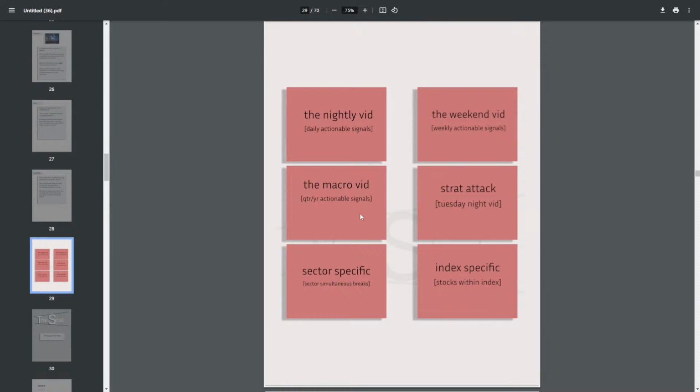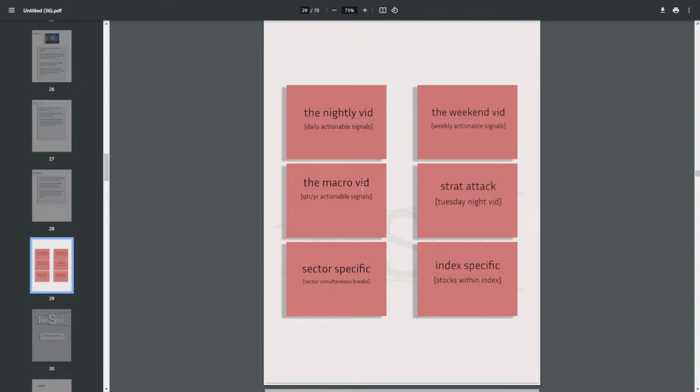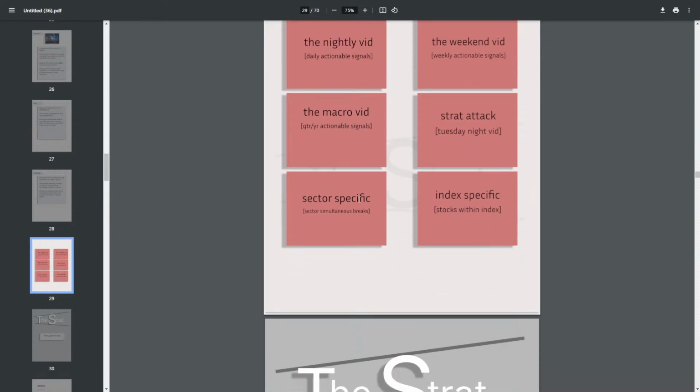That's also another universe. And then Strat Attack is another one where on Tuesday nights, we'll get into it, we're looking at signals that are following through Monday and Tuesday, which we have a few examples of this week. And then sector specific. So if you're someone who wants to trade the technology sector, which is the XLK, or you can also do the semiconductors and the QQQs, you can do just that sector.